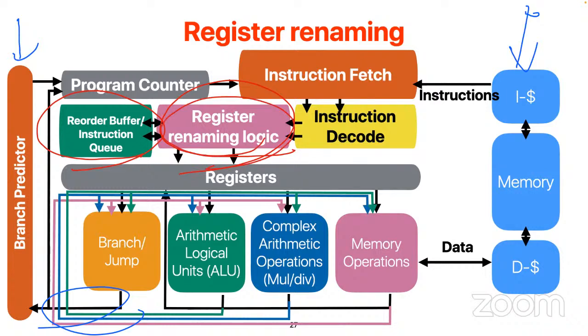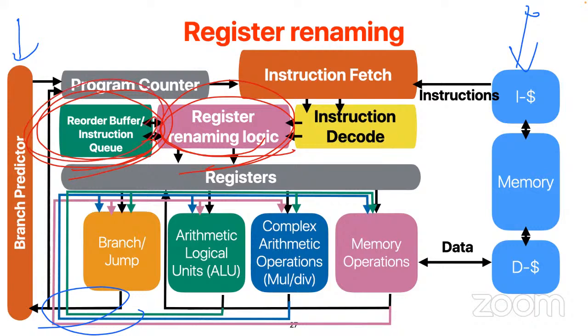And there must be a place where I store those renamed instructions before we can schedule them. That's the reorder buffer. Another thing we need from the reorder buffer is that because we are not 100% sure whether the branch prediction is correct or not, the reorder buffer is also the place where I buffer results that are not 100% certain to be presented to the program, to the user.